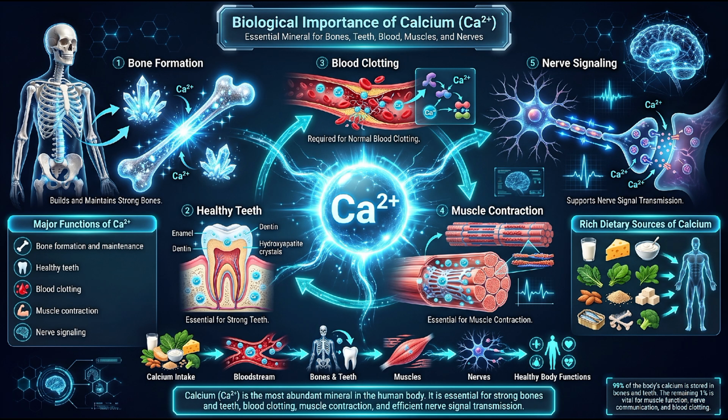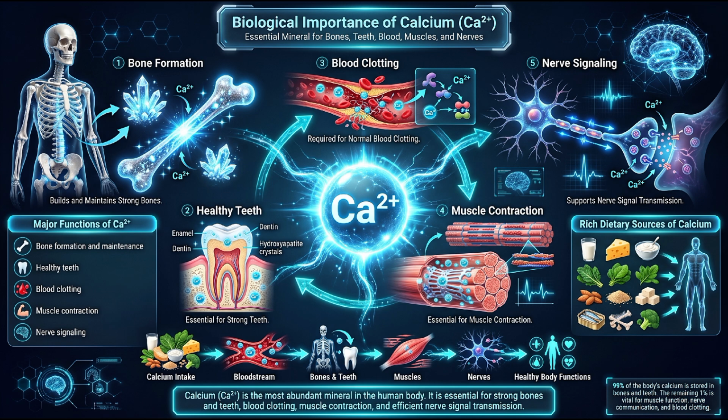Calcium combines with phosphate to form calcium phosphate crystals, primarily hydroxyapatite, which give bones their hardness and strength. During childhood and adolescence, calcium supports rapid bone growth and skeletal development, while in adults it helps maintain bone density and repair damaged bone tissue.